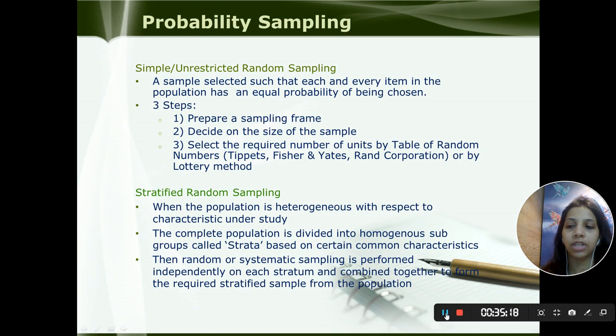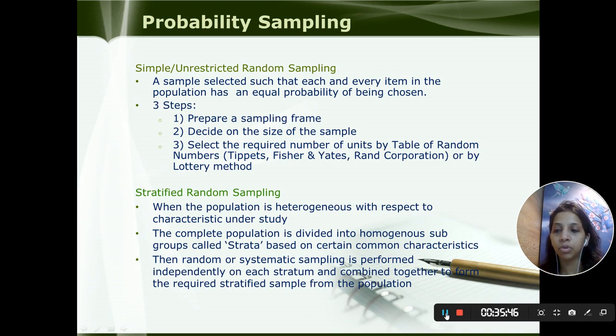Second is to decide on the size of the sample, that is, what will be your sample size. Suppose your target population is say 1000, and you will consider around say 400 students, then this will be your sample size. Sampling frame will be the list of the entire population, that is these 1000 study subjects. Your sample size will be say 400, and then you select the required number of units by table of random numbers or by lottery methods.